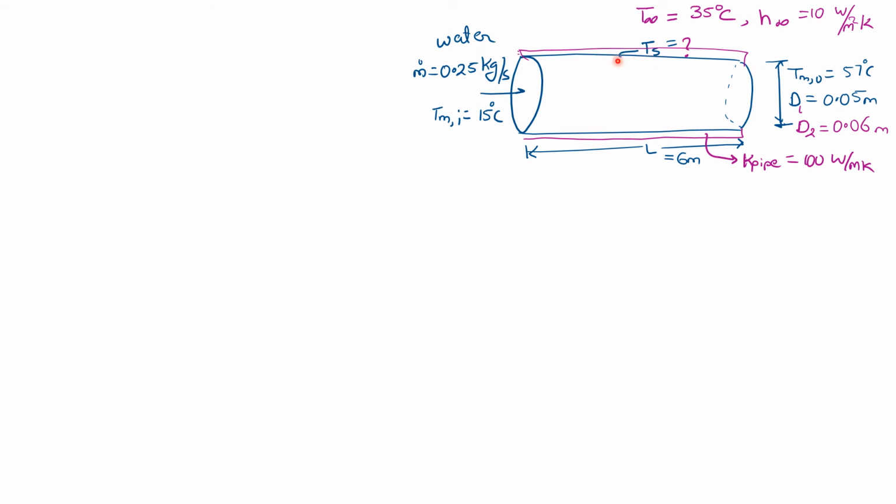And let's say you don't know the surface temperature of the pipe, but what's given is an external temperature. So you have air outside which is at 35 degrees Celsius and has a heat transfer coefficient of 10 watt per meter square Kelvin. And we also know the thermal conductivity of the pipe, which is 100 watt per meter Kelvin.